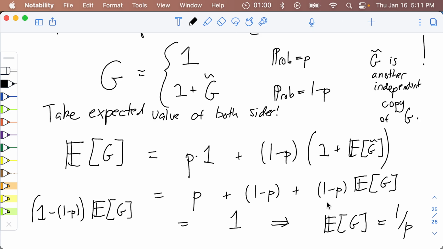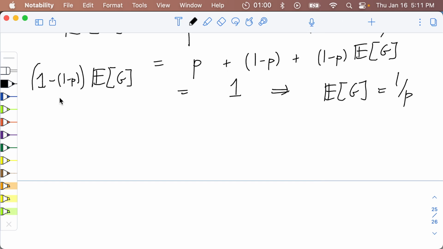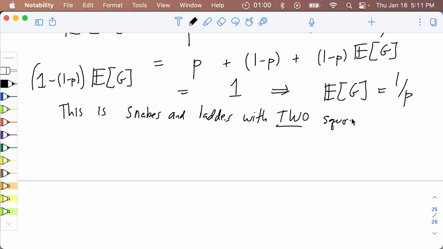You start on square 0, and if you flip a tails, you stay on square 0. So this was exactly what we did. This is snakes and ladders with two squares. You've got square 0 and square 1. Square 1 is I'm done, and square 0 is still flipping.